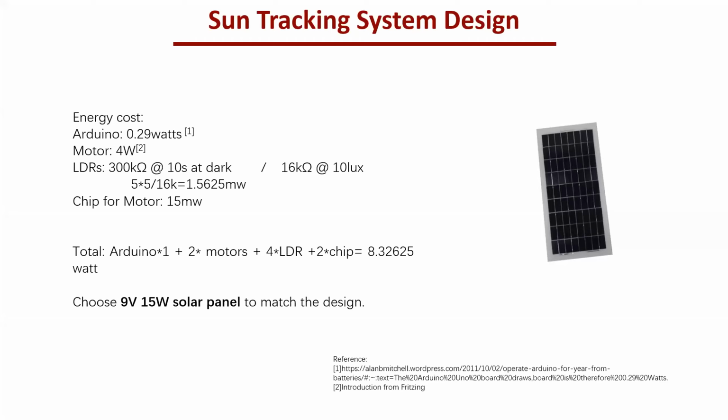And we all know the Arduino is powered by 5 volts or 12 volts. So I think 5 volt is good enough. So the solar panel is chosen to be 9 volt, 50 watt. And if the whole system is larger than we expect, we can choose a higher power solar panel for our system.